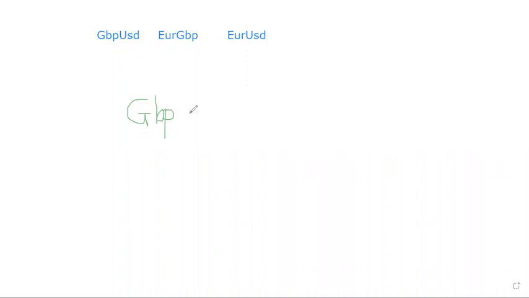All right. So remember I said we're trying to use price correlations to correlate GBP USD and Euro GBP, and use that decision to trade Euro USD.